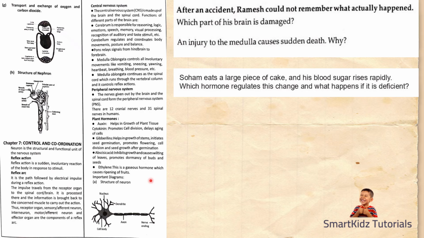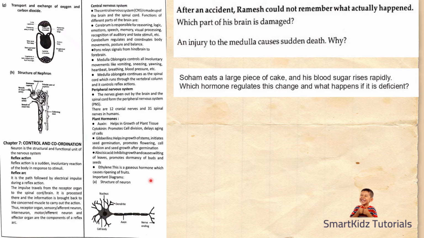Even if you pluck mangoes and want to ripen them faster, you pass ethylene gas through them, or you can keep them in hay or in paper, and they will ripen. That is the natural way of ripening. So ethylene is the gas used for ripening. Abscisic acid, the leaves fall, right? You see a lot of mango leaves falling these days. That would be because of abscisic acid being promoted.